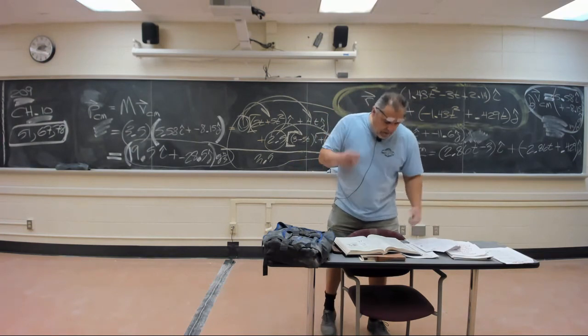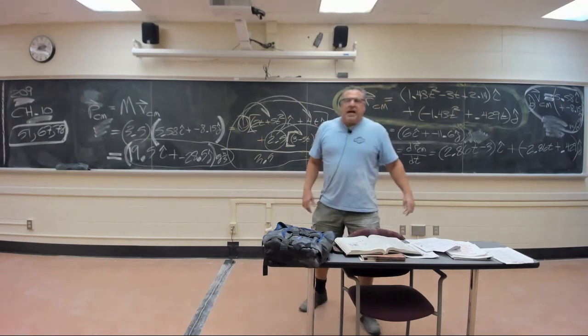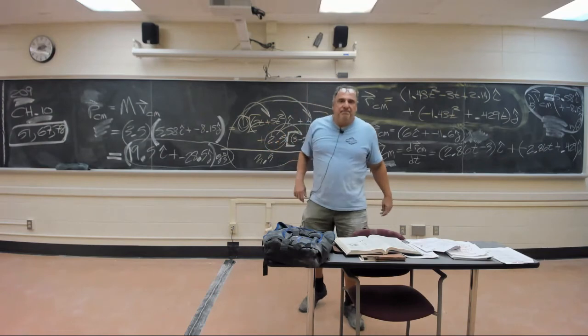And then they're asking here, in addition to that, what is the speed of the less massive block? We talked about that. What is the potential energy of the system before it's released from rest? We know the potential energy of the system. How do we know it?